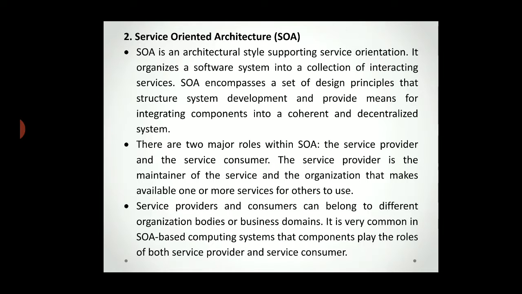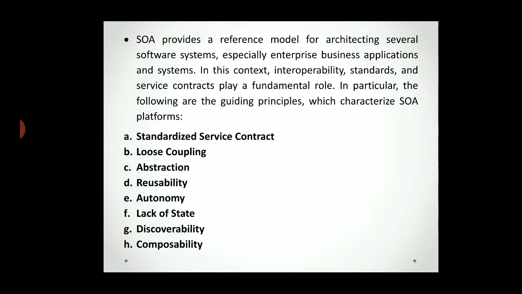Service providers and consumers can belong to different organizational bodies or business domains. It is very common in SOA-based computing systems that components play a role of both service provider and consumer. SOA provides a reference model for architecting several software systems, especially enterprise business applications and systems.